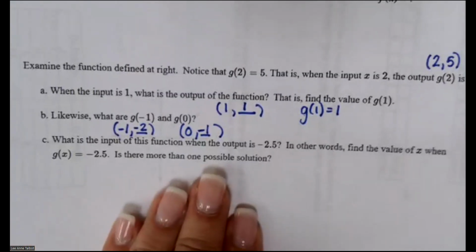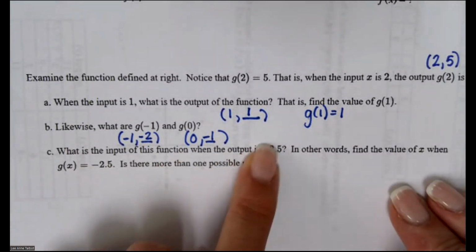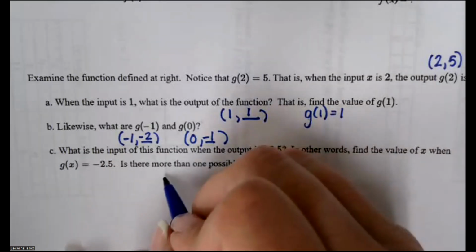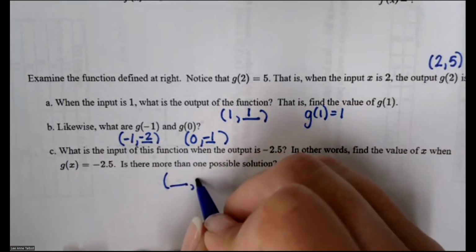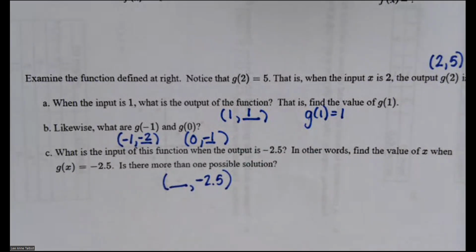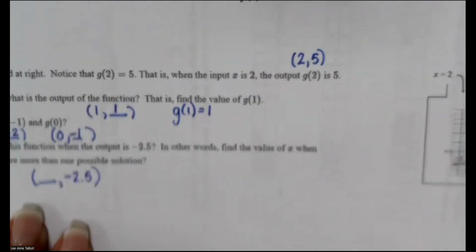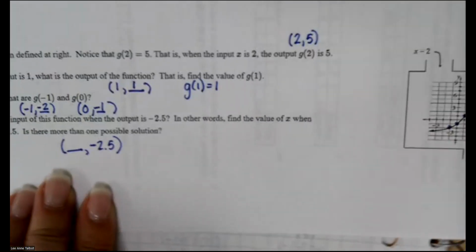Now C is hard. They're going to tell us to go backwards. It says, what is the input when the output is -2.5? So this is saying what, comma, -2.5. Okay, so we have to go a little different on our picture.